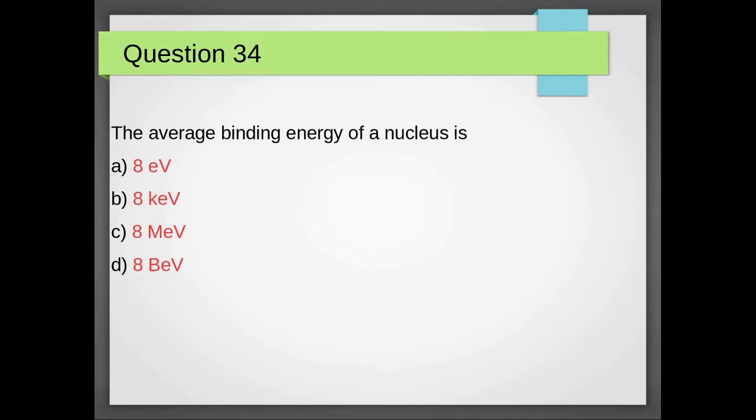And in nuclei with mass numbers greater than 170, the size of the nucleus is too big for a nucleon at one edge of a sphere to influence another nucleon at another edge of the sphere through the strong nuclear force. Hence, the nucleus becomes unstable. Therefore, the answer here is 8 mega electron volts.